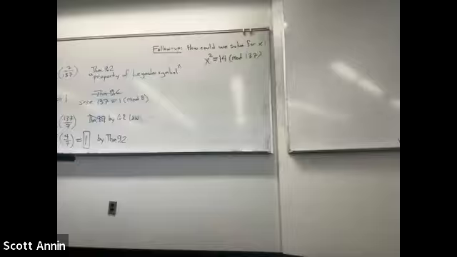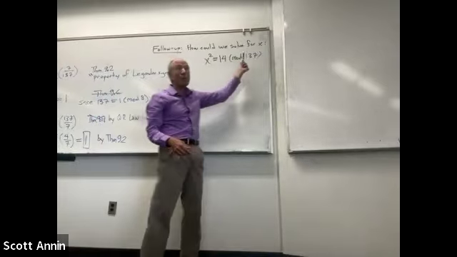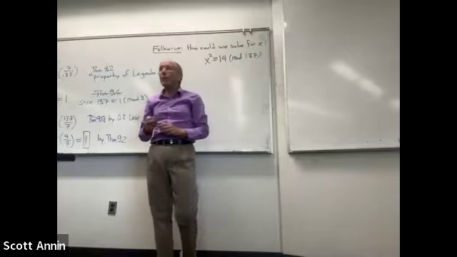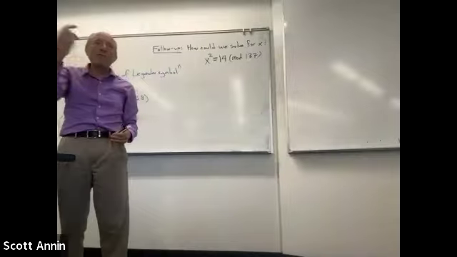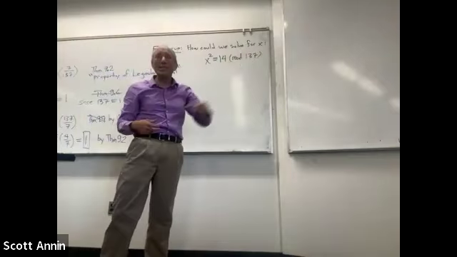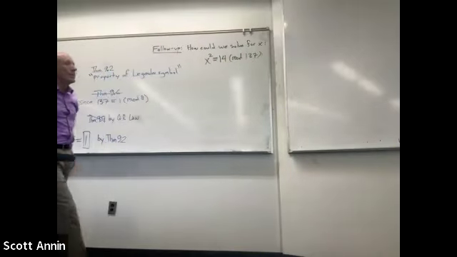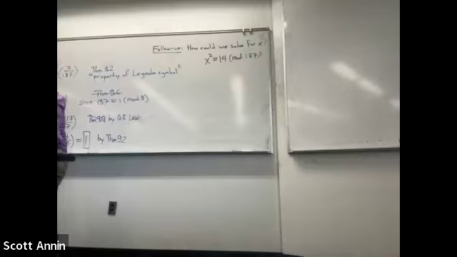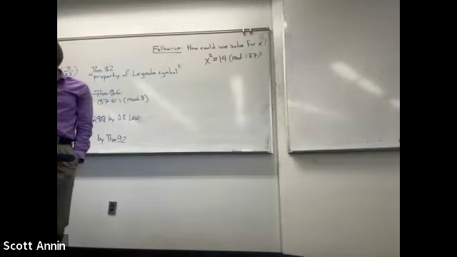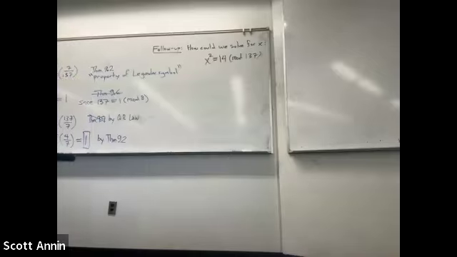Does anybody have any thoughts about this? Notice I've picked a modulus that's pretty big. You're probably not going to want to square every number from 1 to 136 to figure this out. Do we have any thoughts about how we might be able to approach this one?